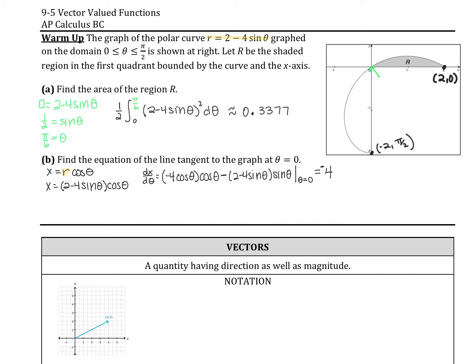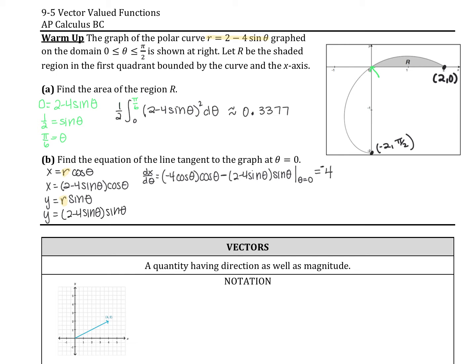Now I'm going to repeat that process with the y. So y equals r sine theta, and again I'm going to substitute in what r is. So I get (2 minus 4 sine theta) times the sine of theta.